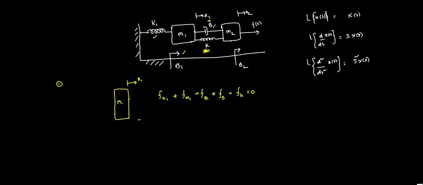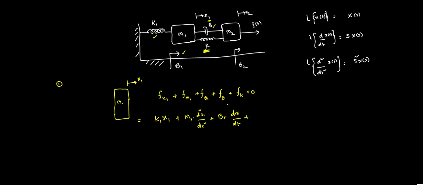As per the mathematics that we have seen initially, based on that, Fk1 can be written as k1 into x1, and Fm1 is m1 into d square x1 by dt square, plus Fb1, so b1 is associated with only this thing, b1 into dx1 by dt, plus Fb.